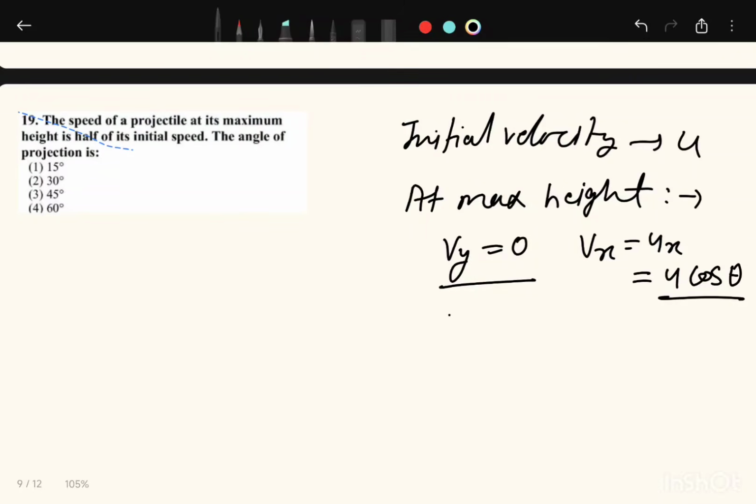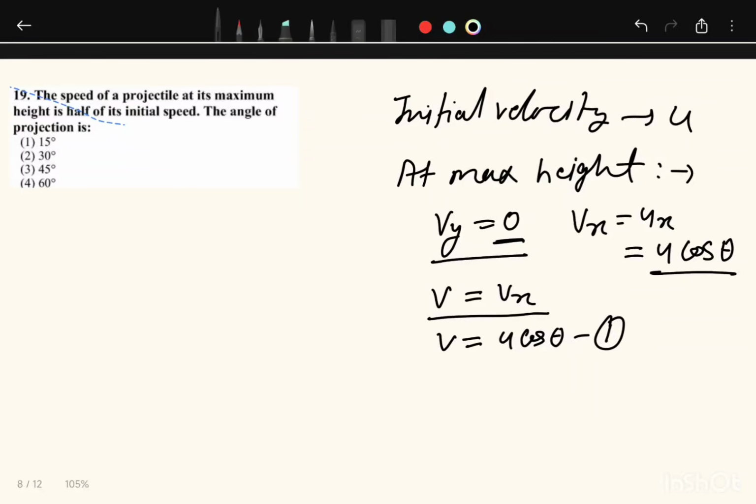So your total velocity at maximum point will be only equal to V equal to Vx because Vy is zero, and that is U cos theta, right? So now the question is saying that at its maximum height, the speed becomes half of its initial velocity.